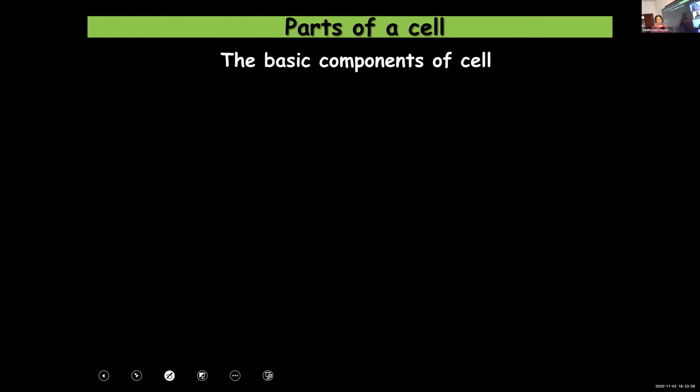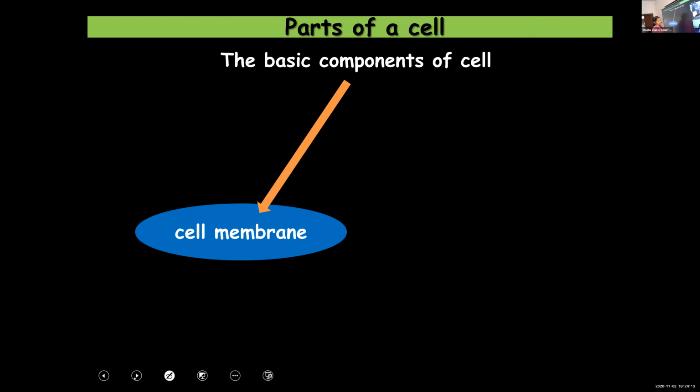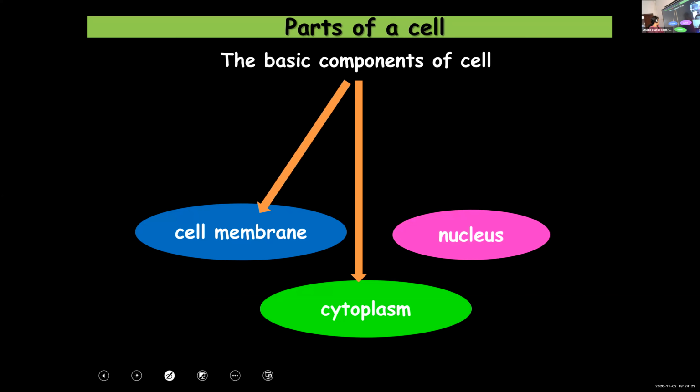We are going to see the basic components of a cell. A cell has three main components. Starting with the first one: the cell membrane. What is the other name for the cell membrane, children? Plasma membrane. Cell membrane is also known as plasma membrane. Then cytoplasm. Finally, nucleus.